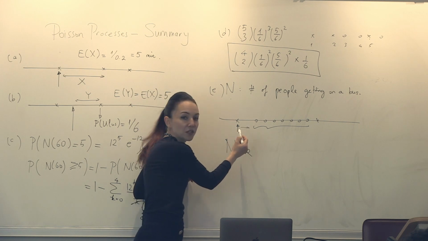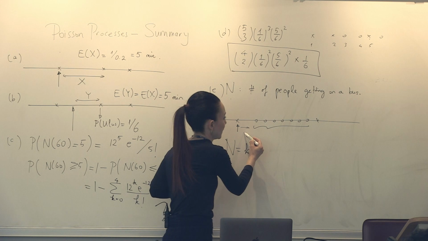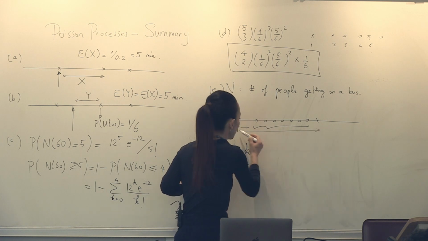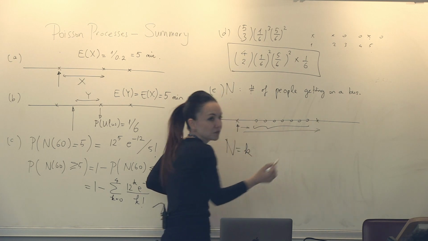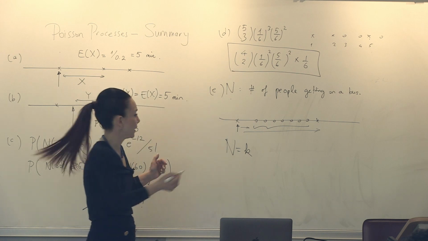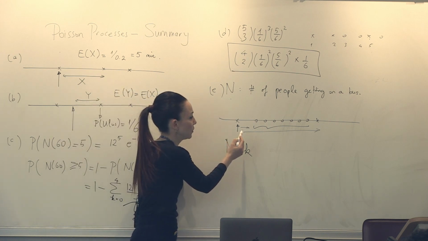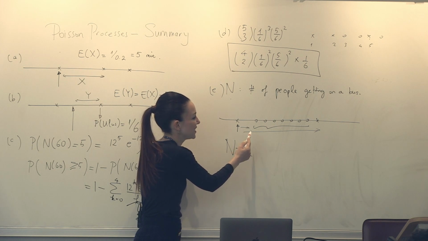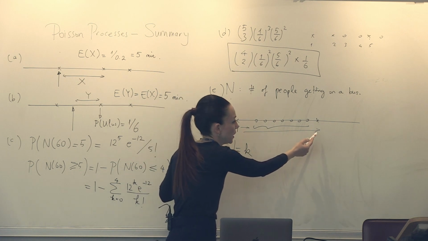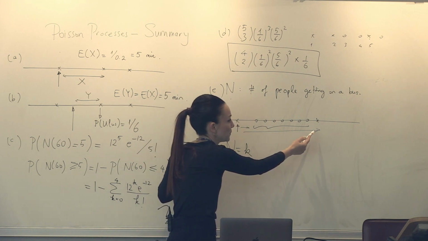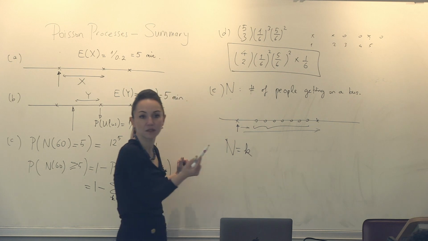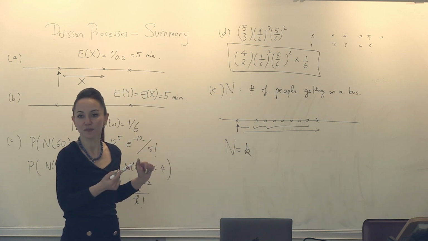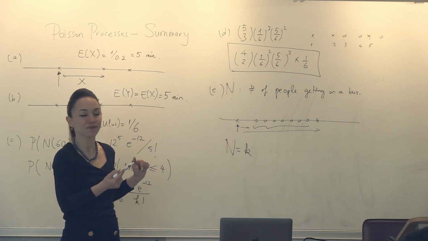And due to the fresh start property, the first bus after this point in time is like the first bus. So I'm looking for the probability that the k plus 1th arrival in the joint process is the first bus arrival, right?